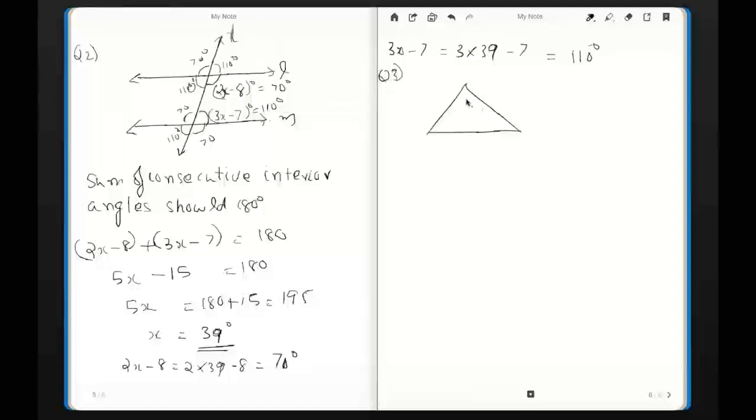And let's call this A, B, C, and then there is a line here, DE, and this line DE is parallel to, this is the symbol used in geometry for parallel to, BC. Right, so line DE is parallel to BC.